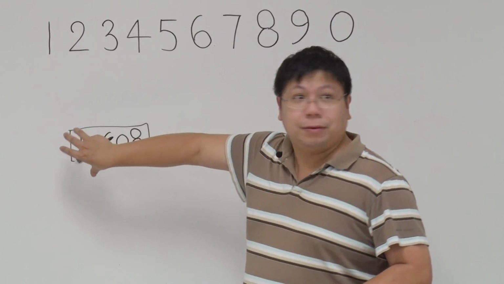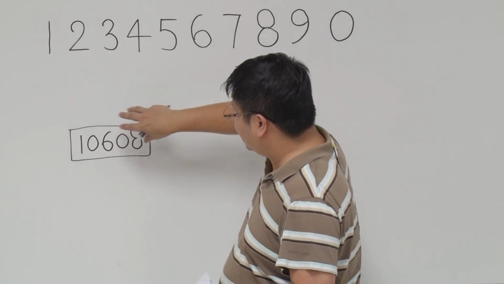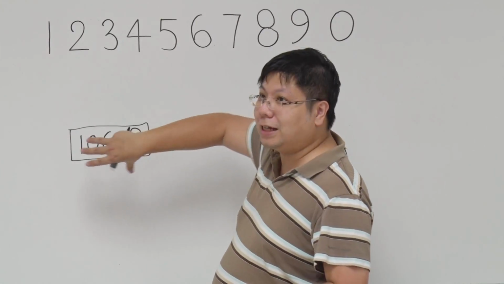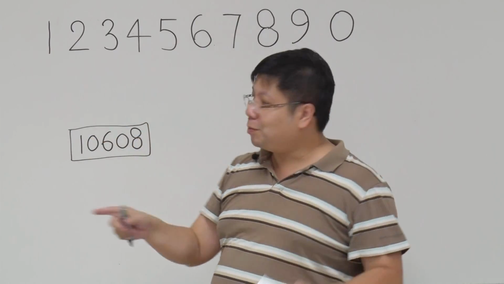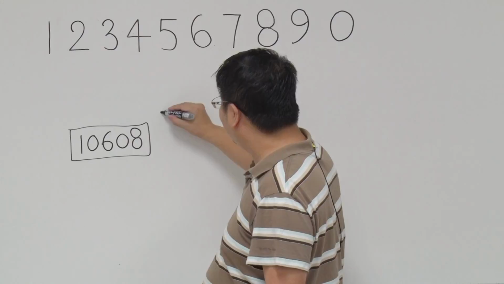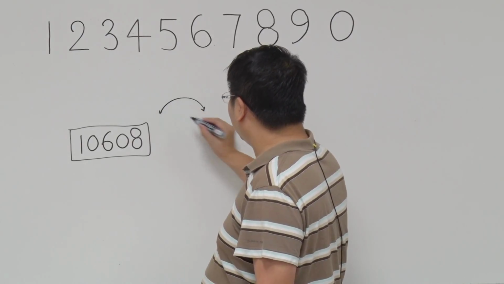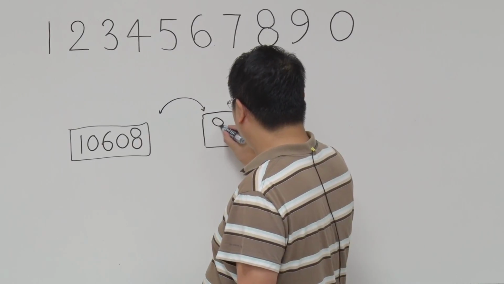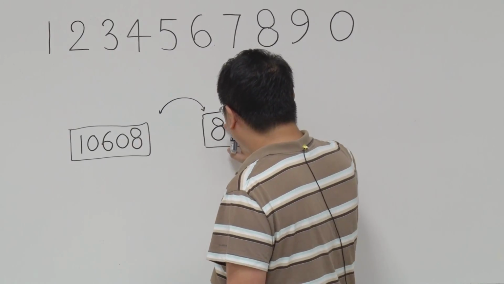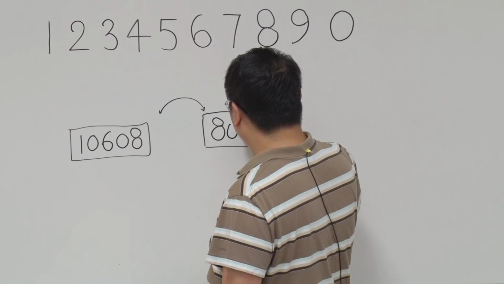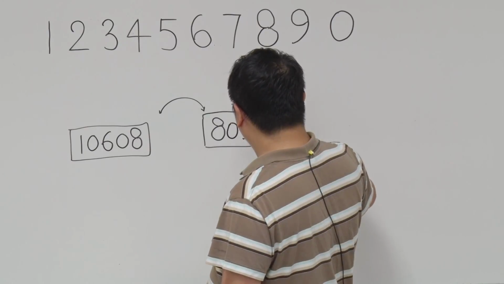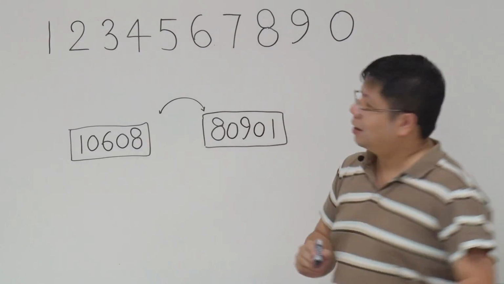So this is a plate, right? Let's say the plate is dropped on the floor. Then when you put it up again, you may read it the same as this, or you may read it like this one. So the 8 is here, 0, and then 6 becomes 9, 0, 1. Is that okay?